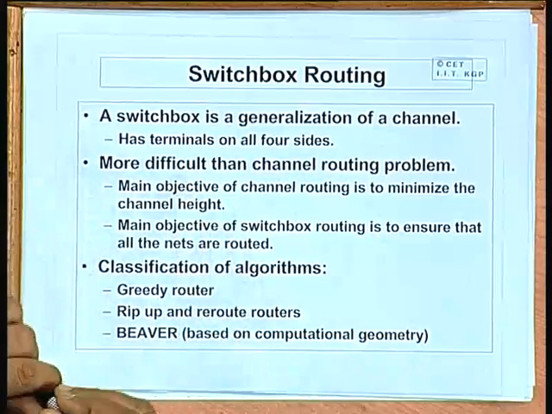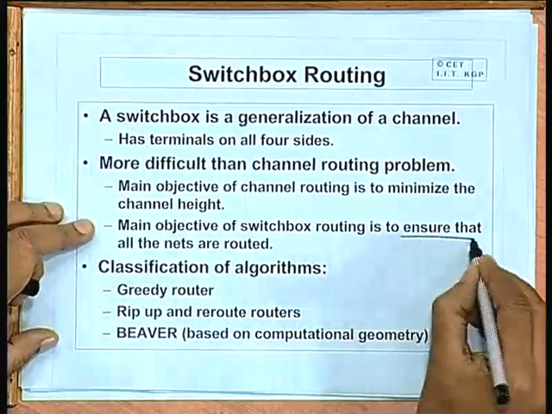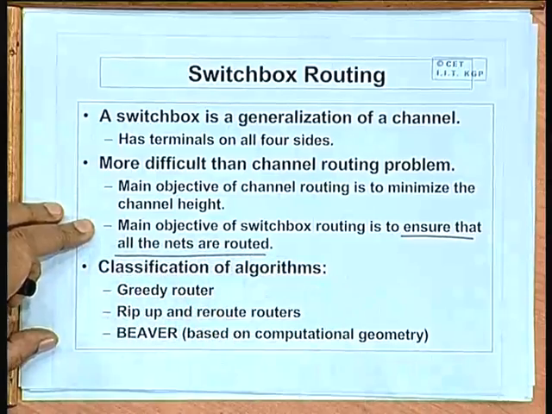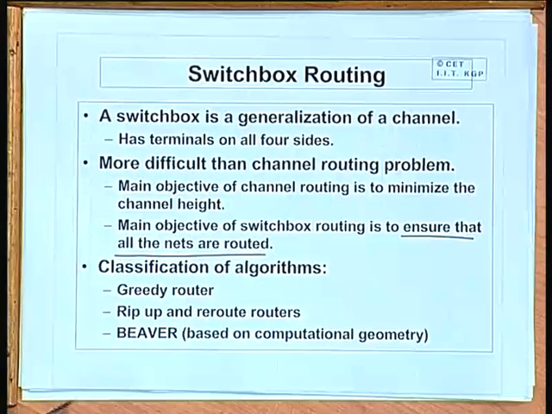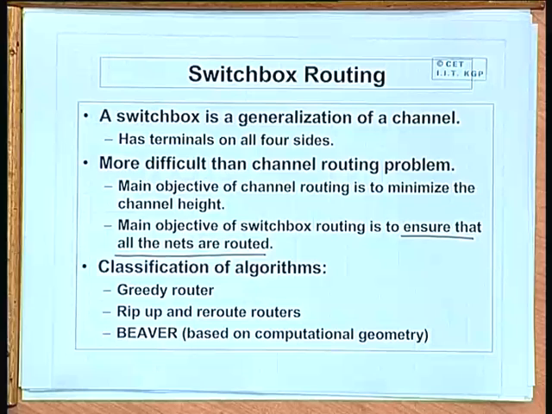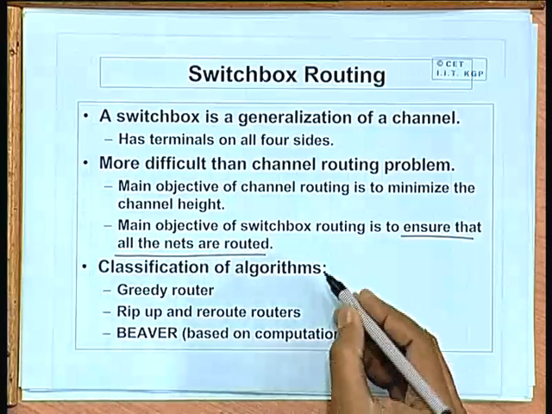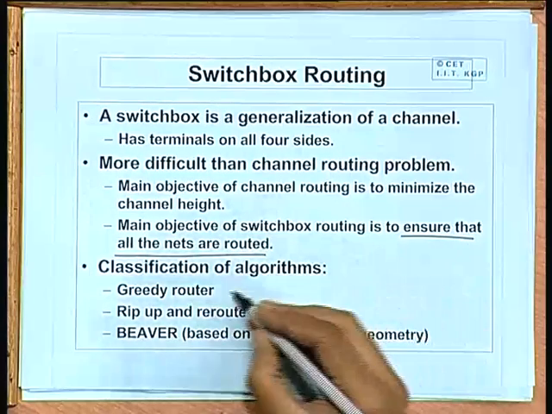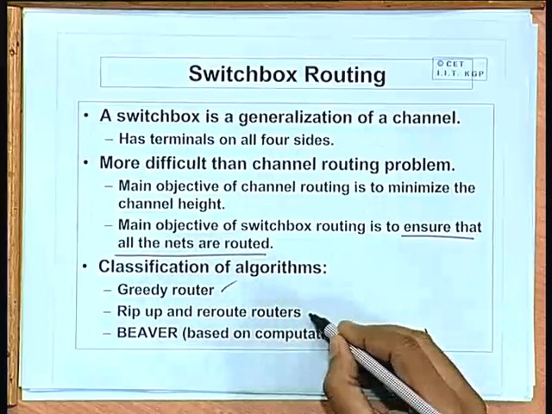Here the main objective is to ensure that all the nets are routed, because the switchbox area is fixed, but there is no reserved layering. Horizontal, vertical layers you can put unconstrained anywhere you want. There are several algorithms which have been proposed, greedy approach, RIP.